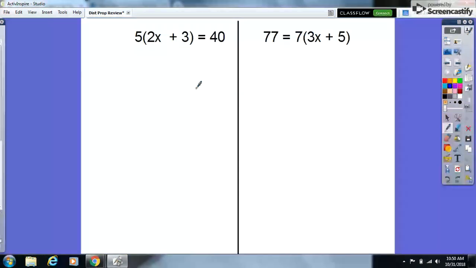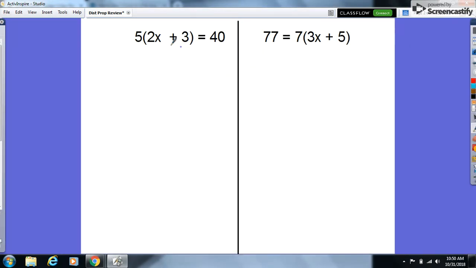Let's look at another example. Here we've got an equation that has a little bit bigger numbers, but we're not going to let that mess with us. 5 groups, so I'm going to have 5 of this 2x plus 3.